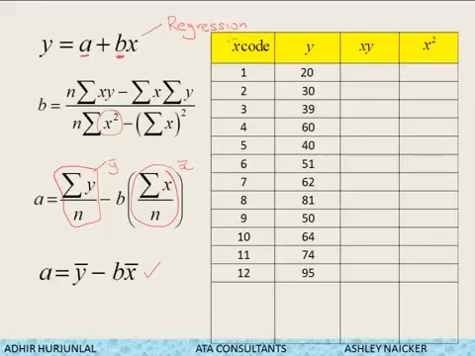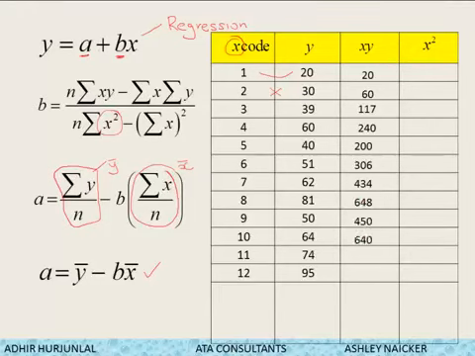Remember, this is x, that is y. In order for me to get xy, it means x multiplied by y. 1 times 20 gives me a value of 20. 2 times 30 is 60. 3 times 39 is 117. I'm sure by now you get the picture of what I'm doing.